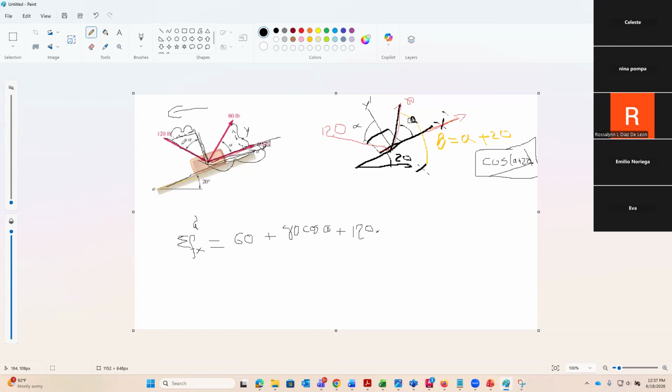This right here is the y component of the 120 pounds. Does that make sense? So if you take this as three different triangles, this is triangle number one, 120, and the plane is right here.